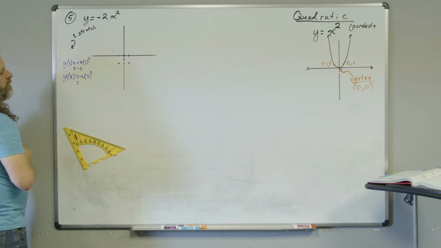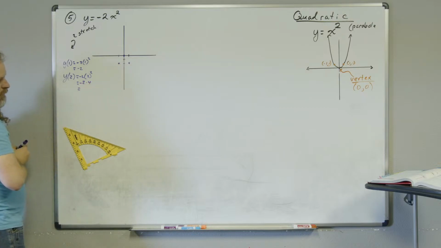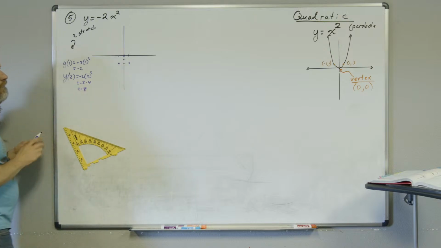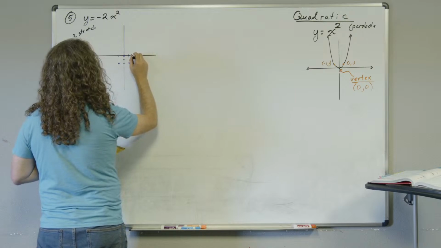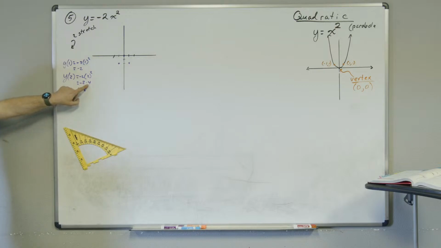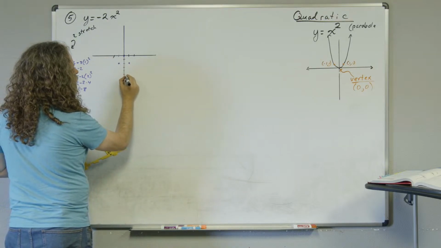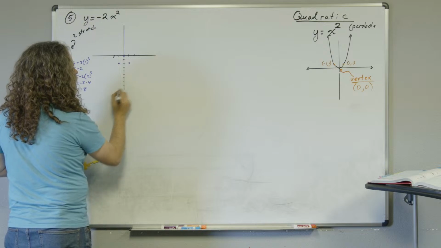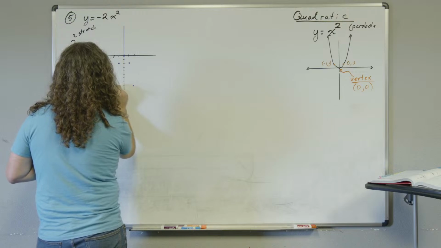What's 2 squared? 4. What's negative 2 times 4? Negative 8. Right? Let me back up. Negative 2 times 4. That's addition and subtraction. Negative 1, 2, 3, 4, 5, 6, 7, 8. So here and here.